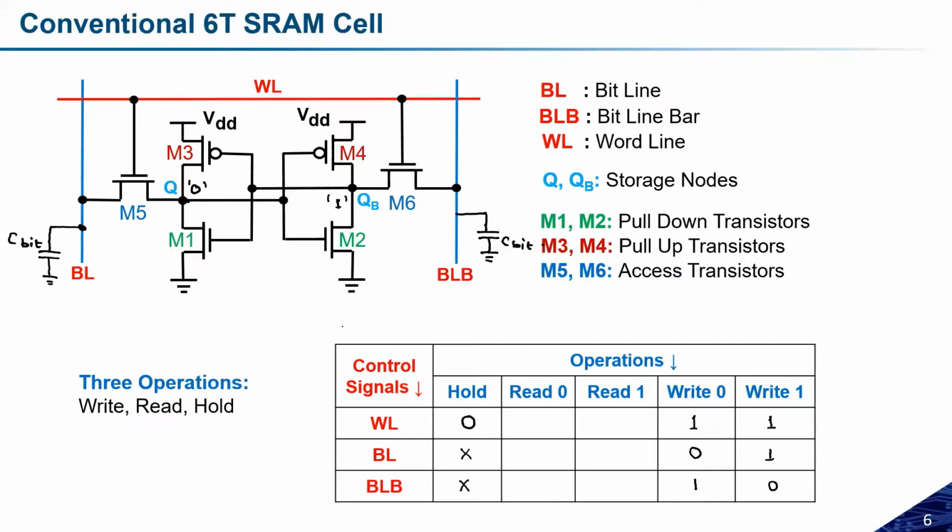These are the two capacitances. Now, if I want to read the data from the storage node, let us consider I want to perform a read zero operation. Let us assume the storage node Q is storing logic 0. If I have to perform the read operation, then the access transistor is again required.